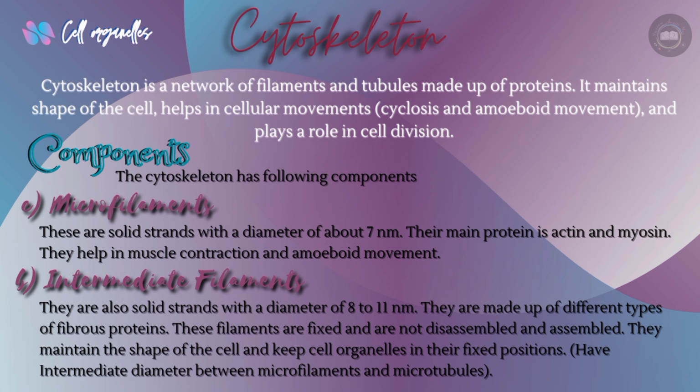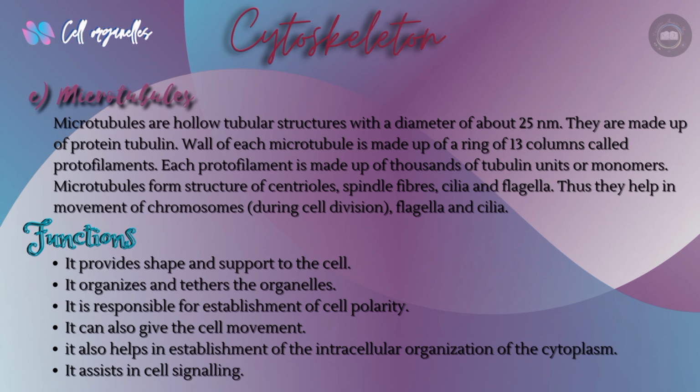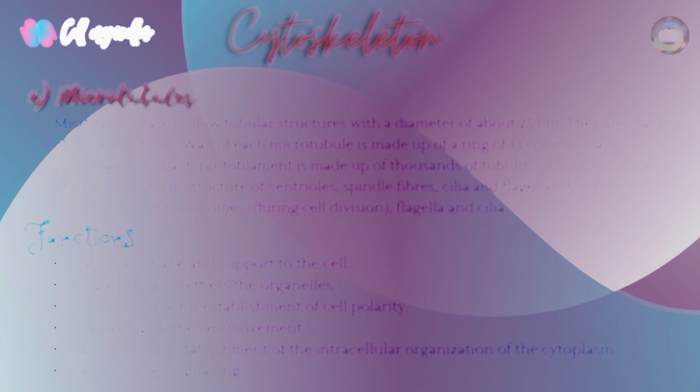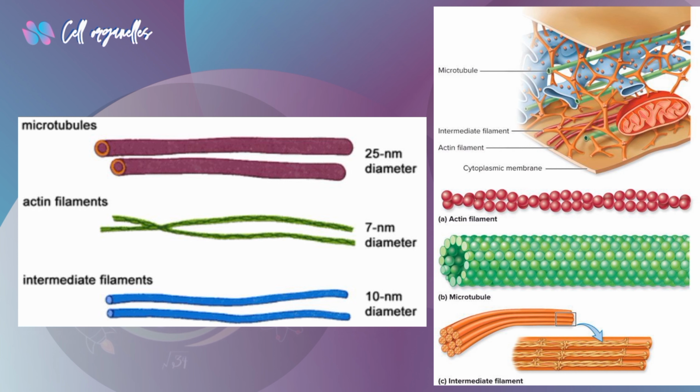There are three types of fibers within the cytoskeleton: microfilaments, intermediate filaments, and microtubules. The cytoskeleton maintains cell shape, secures organelles in specific positions, allows cytoplasm and vesicles to move within the cell, and enables unicellular organisms to move independently. All eukaryotic cells have a cytoskeleton, and recent research has shown that prokaryotic cells also have a cytoskeleton.